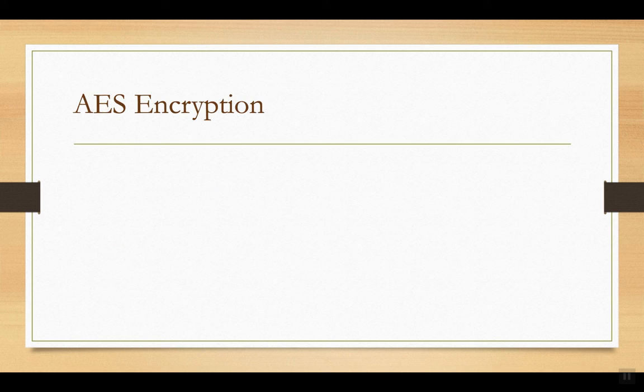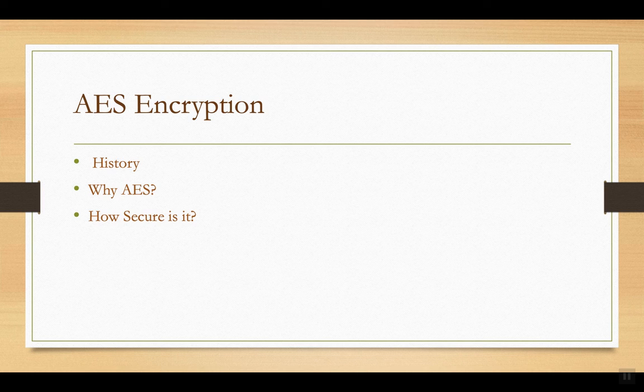Next, AES encryption. So what is the history of AES encryption? Officially, NIST confirmed the development of the Advanced Encryption Standard on September 12, 1997. It originated from the Rijndael algorithm and was declared as the new encryption algorithm by the Federal Information Processing Standard.